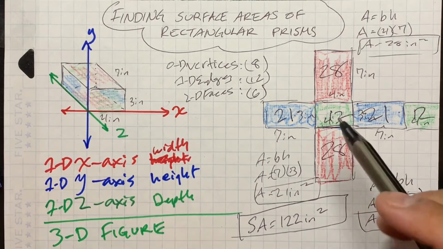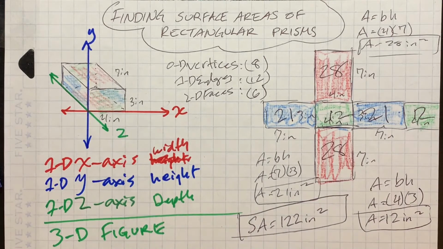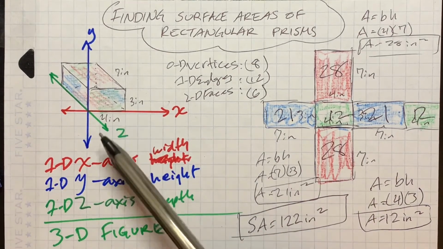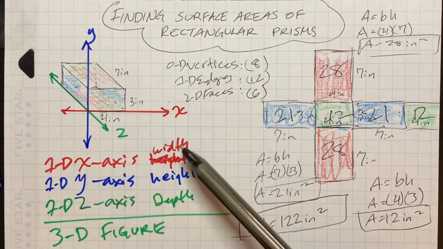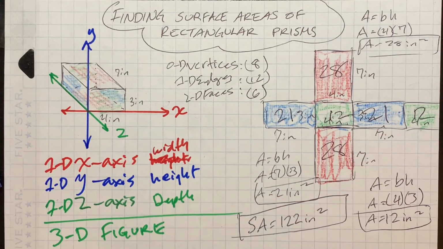Okay, and that's the surface area, the outside area for each face of that three-dimensional rectangular prism. So again, your steps. What you'll do first when you find the area for a rectangular prism, or any prisms for that matter, is understand that you're dealing with 3 dimensions: your x-axis, your y-axis, and your z-axis, your depth, your height, your width.